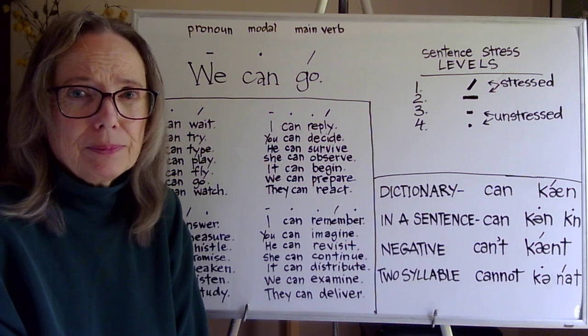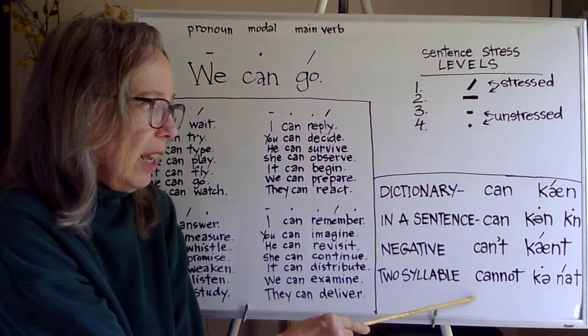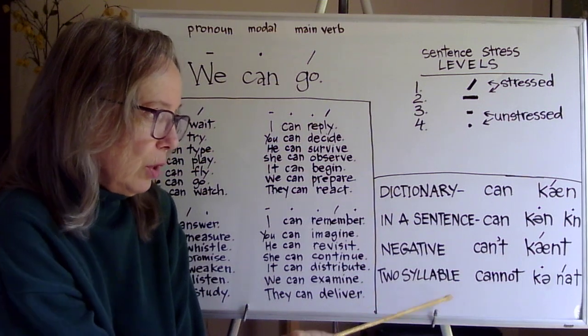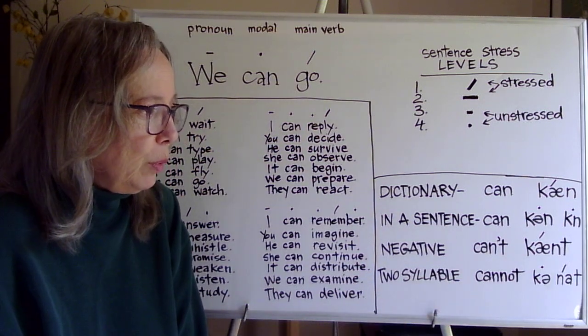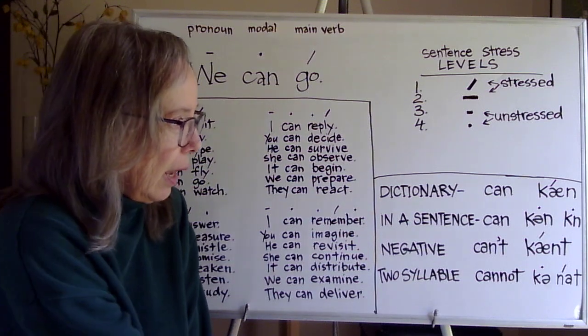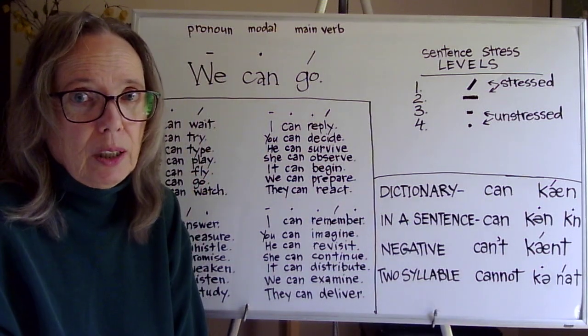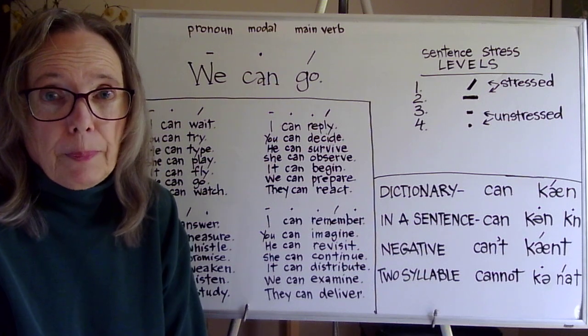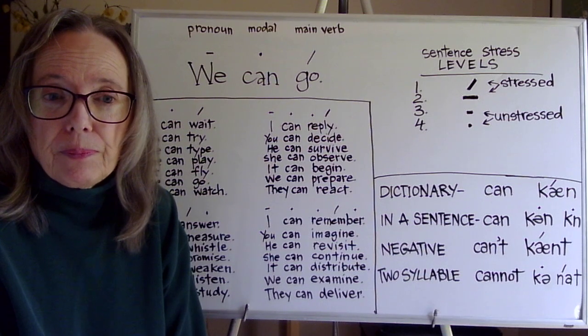Can't, can't. And if we say cannot, 2 syllables, then the first syllable is going to be weak, and the negative second syllable is going to be stressed, strong. Cannot, cannot.